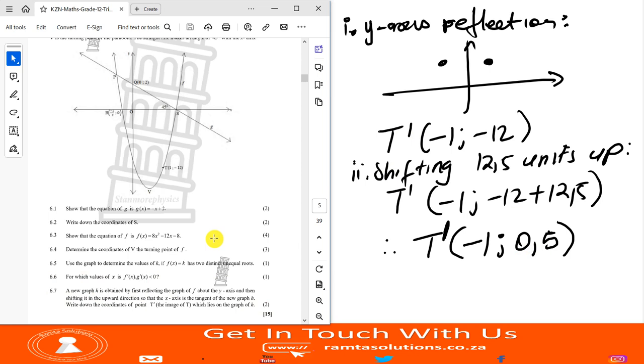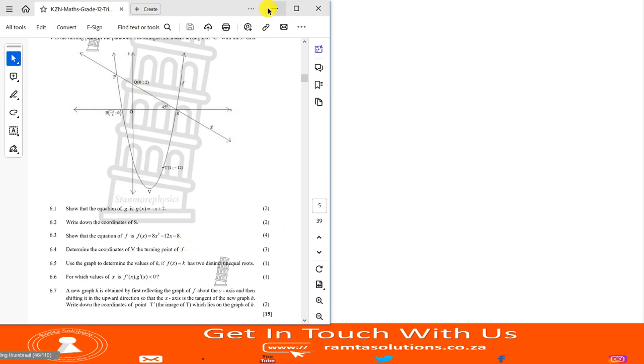So if you are wondering why did I say this, let me show you why I was saying this. So I want you to imagine this. What we were saying is, your function was reflected about the y-axis. So anything that you see here, its x will change sign.